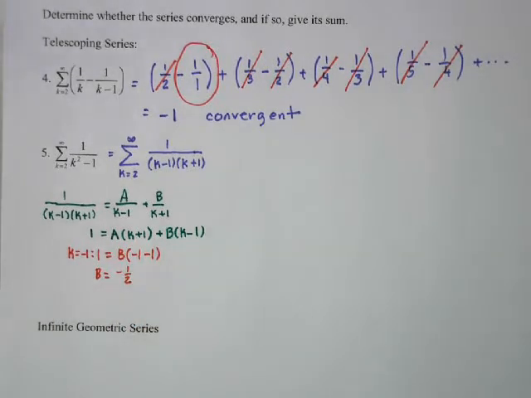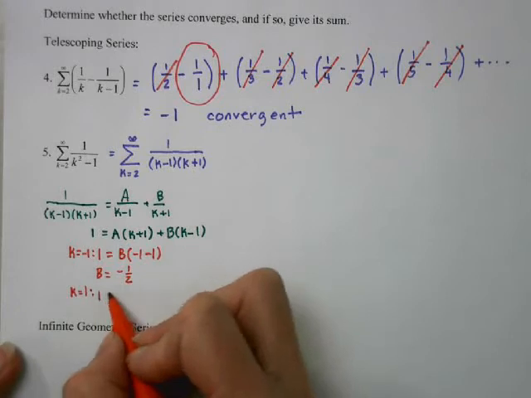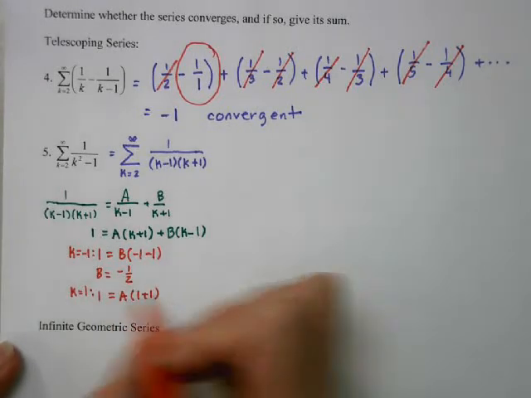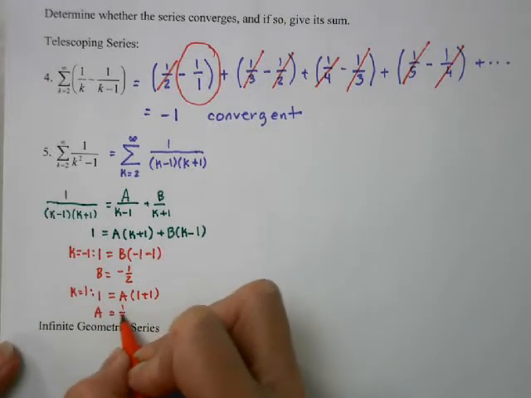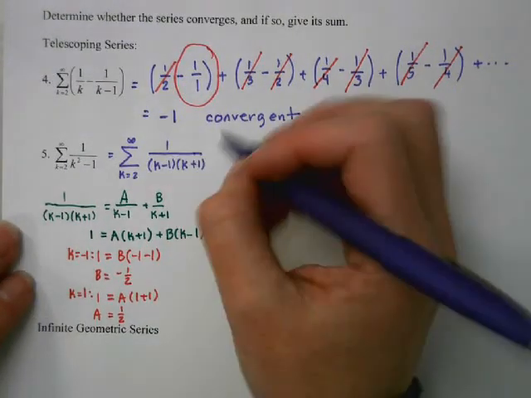Then for my next one, we'll pick 1. So when k equals 1, we have 1 equals a times 1 plus 1, which is 2. So a is 1/2. So I'm going to go back up to my problem here.